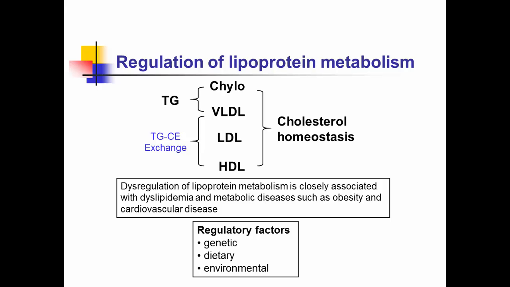And in terms of regulation, the regulating factors can be genetic or dietary or environmental, right? So I think here we're going to talk about both genetic and dietary factors, and how they control or regulate the lipid metabolism, right?